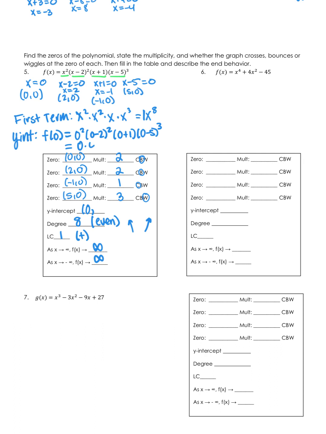Squared will be 4. So we'll do 0 times 4. 0 plus 1 is 1. So that'll be times 1. And then 0 minus 5 is negative 5. Cube that, and I think you'll get negative 125. And you'll have to multiply all of those numbers together. Because when you have factors sitting next to each other like that, that means they're being multiplied.